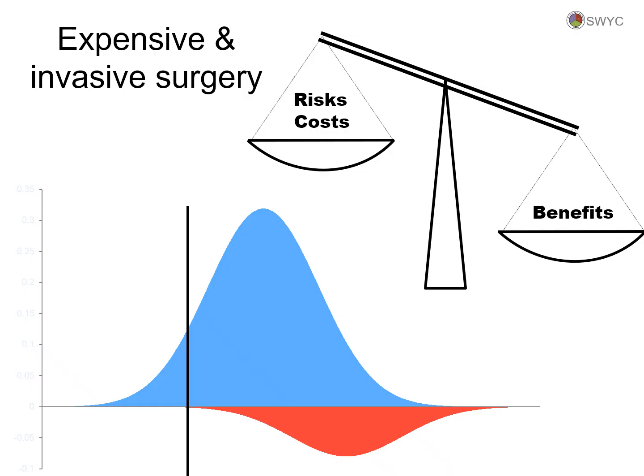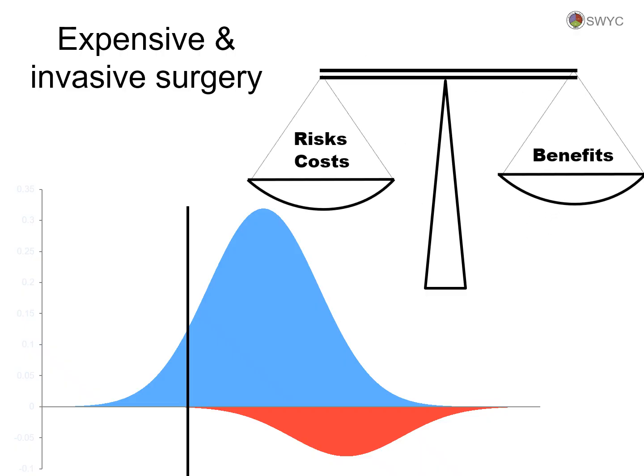Even if the potential benefits are the same, the risks are considerably higher of having surgery, as are the costs. So the balance between the two is different. Does surgery make sense if the risk of a cardiovascular event is only 8 to 10%? Given the risks and costs, probably not. A much higher threshold probably makes sense.